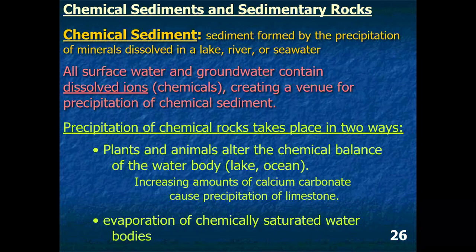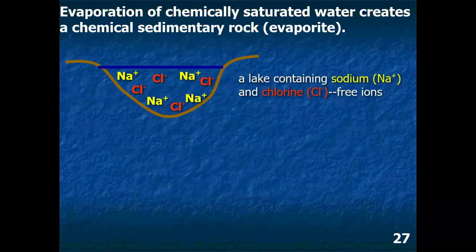And once it reaches a certain concentration, the chemical reaction will take place, producing a precipitated solid. So two ways: plants and animals can change the chemical balance, producing chemical sedimentary rocks, or through evaporation processes of saturated water. We're going to use the example of evaporation, the second way in how chemical sedimentary rocks are created.